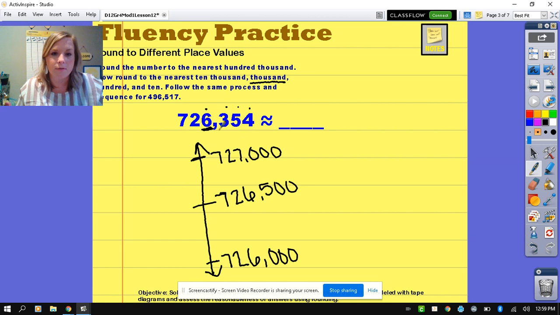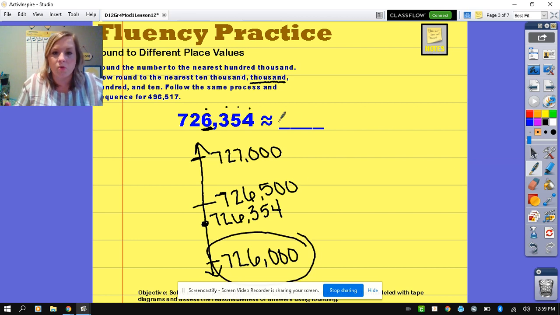Well, this 354 would help it fall below again. So 726,354, which means that our numbers would round to 726,000. You don't lose that 720, but everything after the place value that you round to is always a 0.